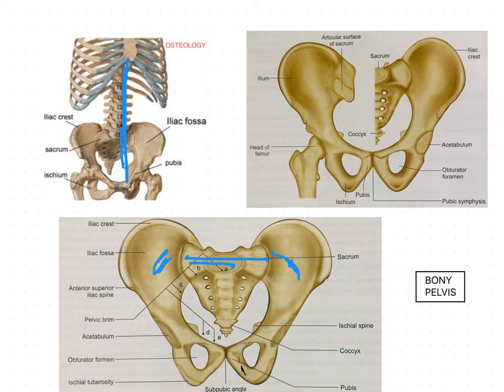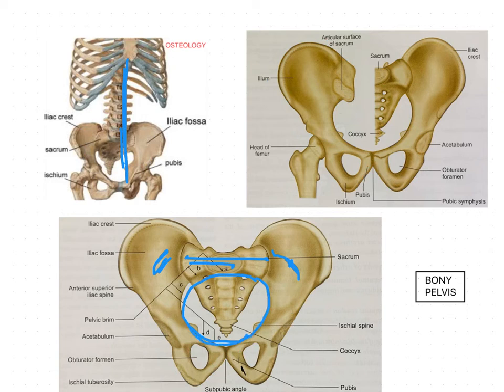Okay, now there is a communication between the false pelvis and the lesser pelvis, that is called the superior pelvic aperture or pelvic inlet. So these are the things which form the superior pelvic aperture.